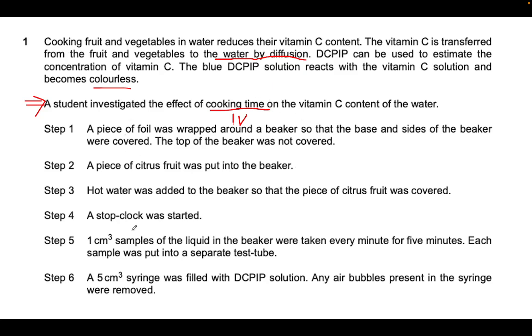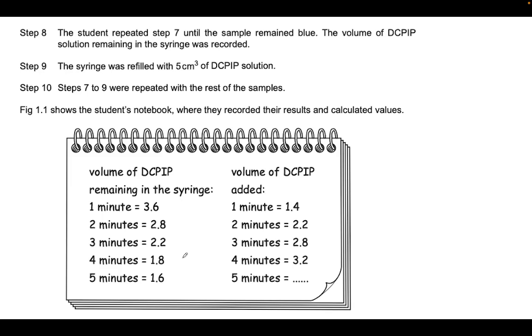And now you can take enough time and read, like you have a paper in front of you. And these are the results that they got at the end. They saw the volume of DCPIP remaining in the gas cylinder, and remember we are changing time, so this is our independent variable. If you use 1 minute, what is the volume of DCPIP remaining in the cylinder?